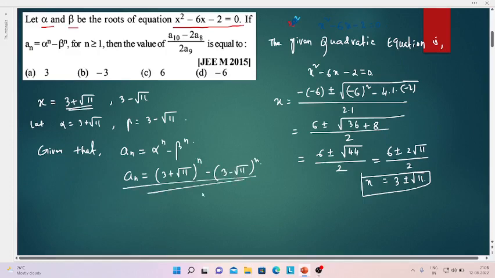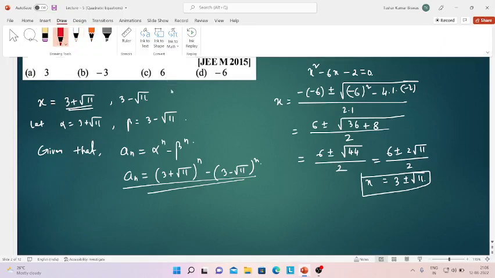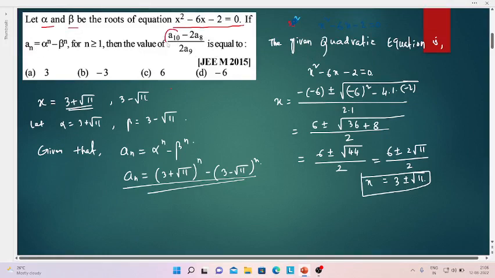We will have the value of an like this. Then we have to find the value of A10 minus 2A8 by 2A9, right? So here you can see that basically we have to find what is the value of A10, what is the value of A8, what is the value of A9, right?